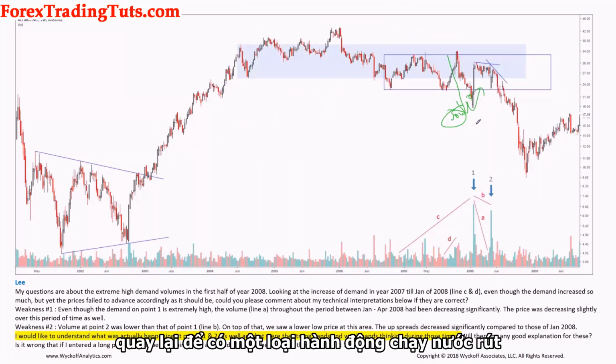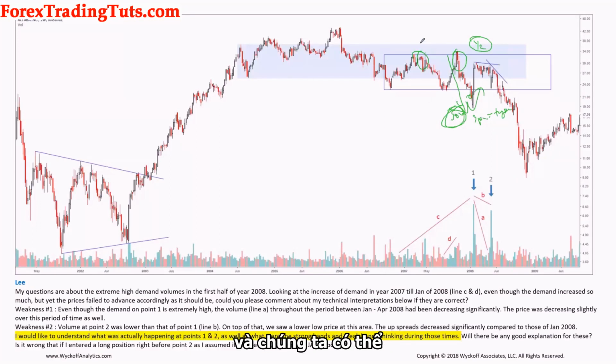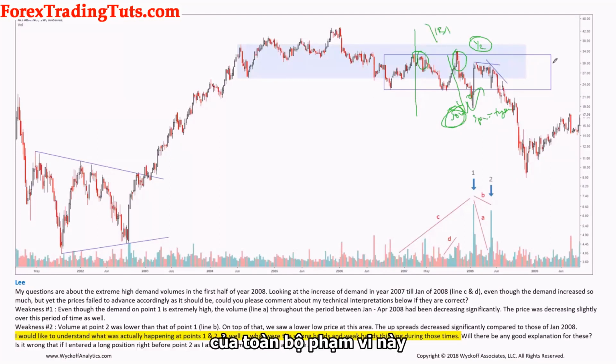Yes, it comes back, so there is a spring type of action. But we know that there was selling here, an inability to overcome 1/2 of the height of the range, and then a sign of weakness. So this could be just temporary, and we could be just somewhere still in phase B at this point of this whole range.